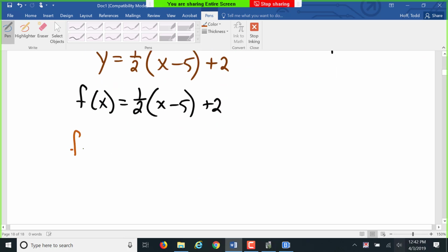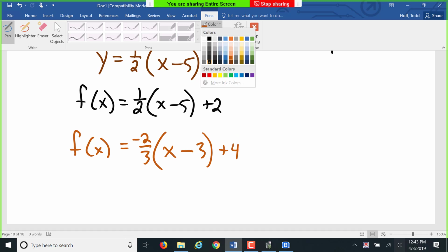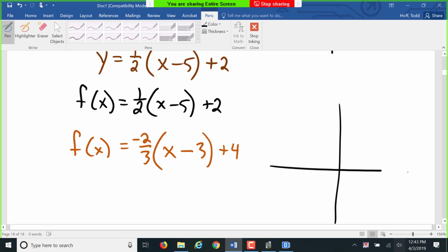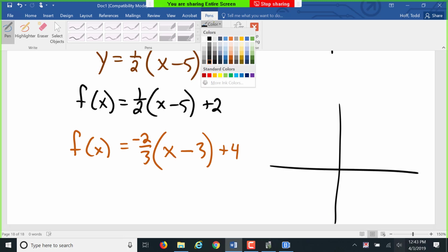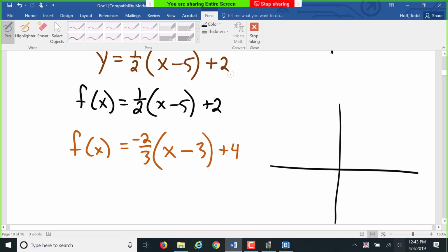If I have f of x equals negative 2/3 times x minus 3 plus 4, that's telling us that that line goes through what point on my graph? 3 and 4.